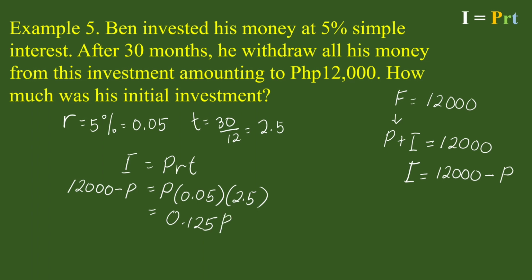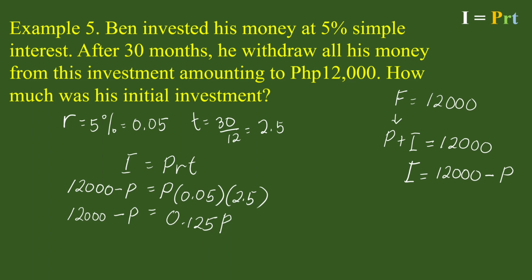Multiply natin yung tatlong yan. P, 0.05 at saka 2.5. So, we can multiply 0.05 and 2.5. The result is 0.125 P. Alright? And then, rewrite natin yung 12,000 minus P on the left side. Now, with basic algebra, solving for a variable, let us transpose the variable on the left side of the equation.